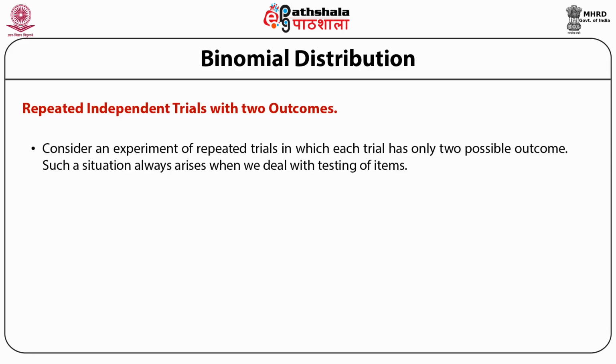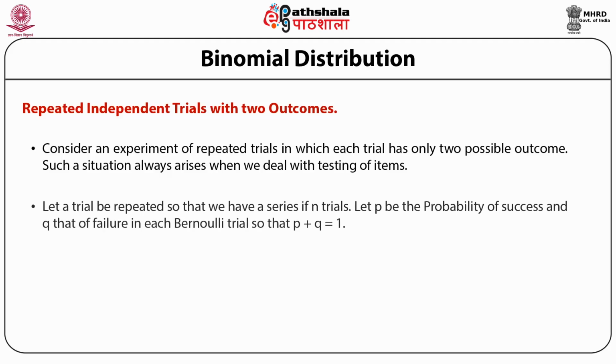Each trial indicates whether the item is defective or non-defective. Let a trial be repeated so that we have a series. If n trials are there, let p be the probability of success and q be the probability of failure in each Bernoulli trial, so that p plus q is equal to 1.